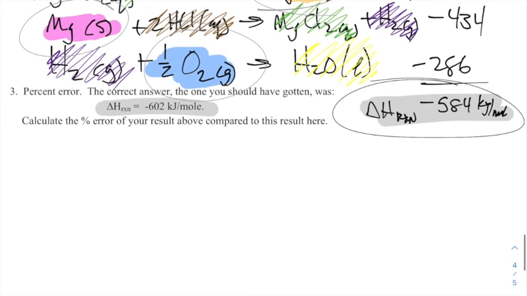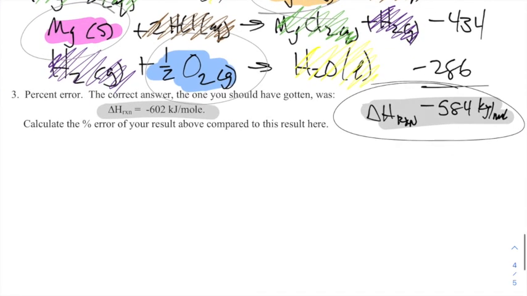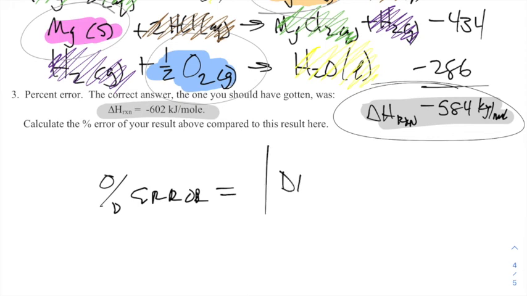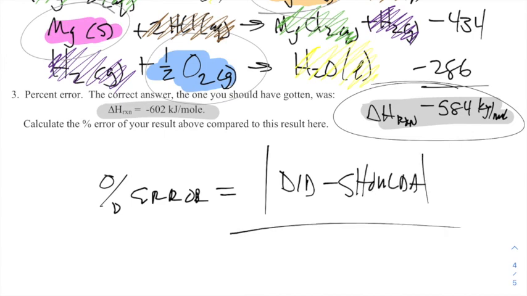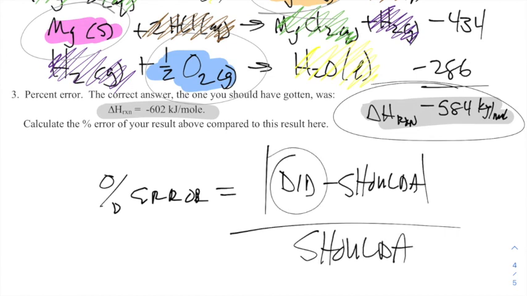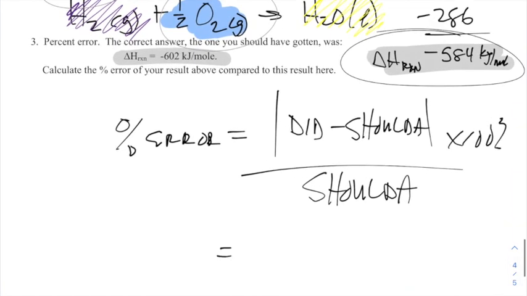So our last part here says calculate the percent error. So what is percent error? Percent error is the absolute value of did minus shoulda over shoulda. What did I get? Subtract what I should have gotten, and then divide it by what I should have gotten, times 100%. So I did get negative 584.